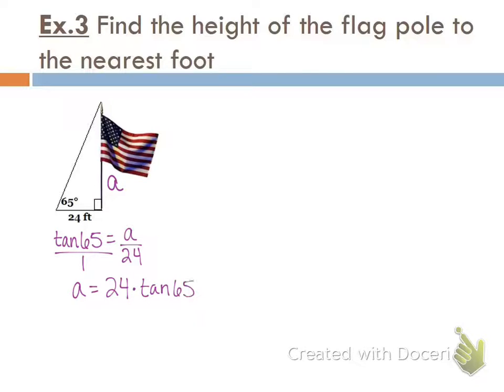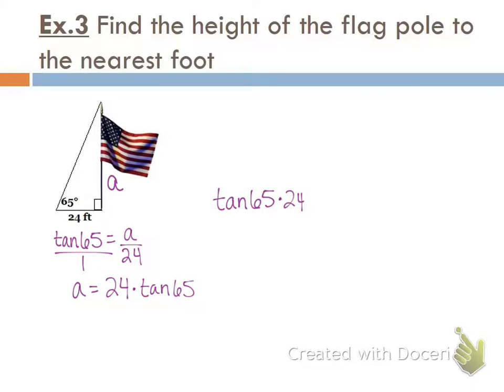Now, I am being very purposeful in how I write this. I would not at all recommend writing tangent of 65 times 24. Yes, multiplication is commutative. However, if you type it into your calculator, tangent of 65 times 24, and press enter right away without using extra parentheses, you're not going to get the right answer.